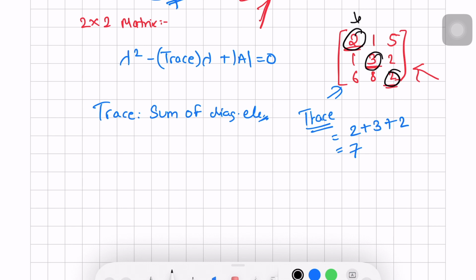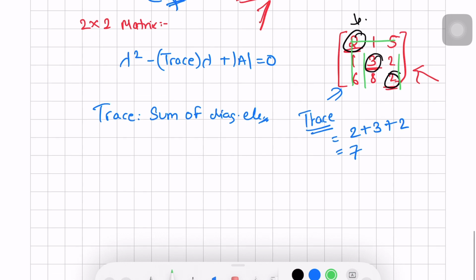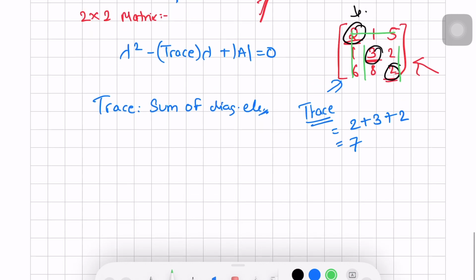The minor of diagonal element 2 would be, you have to just ignore this column and this row, and then find the determinant of this. So we'll get 3 twos are 6, 6 minus 16, which will give us minus 10.